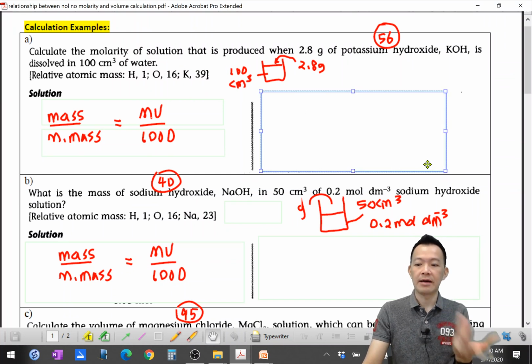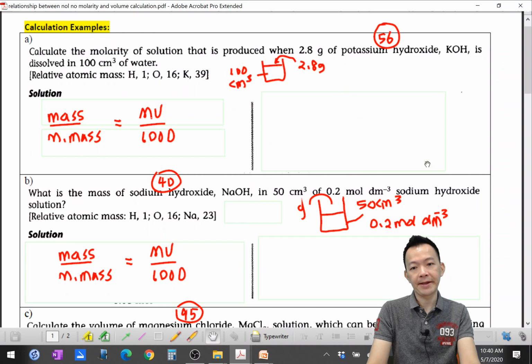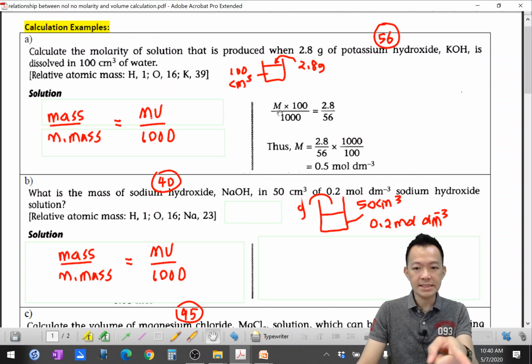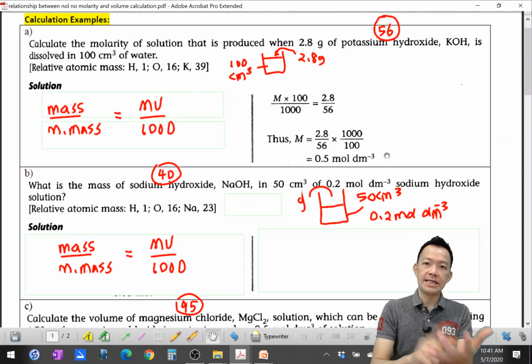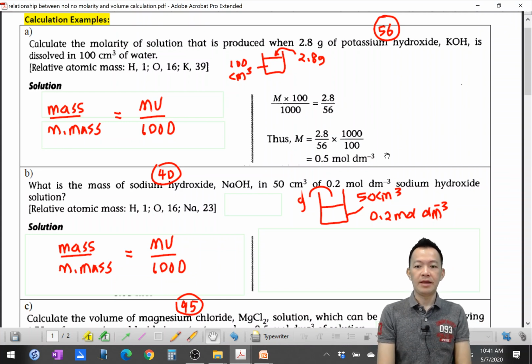So mass per molar mass, 2.8 divided by 56, equals MV per thousand. After the calculation, the answer is 0.5 mol per cubic dm.